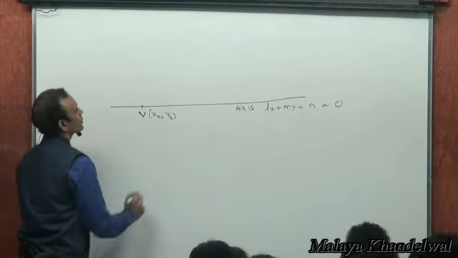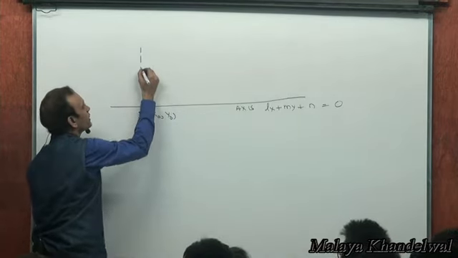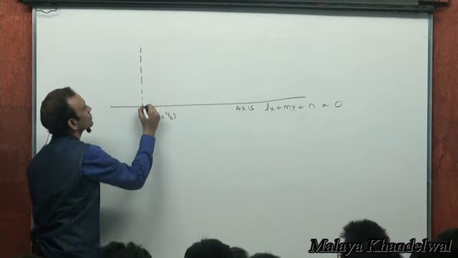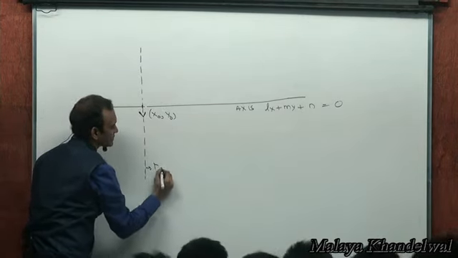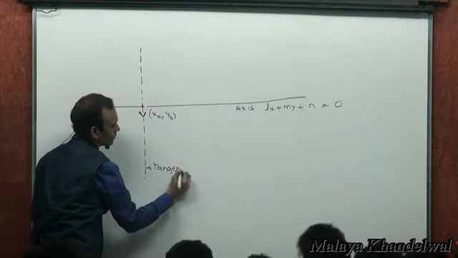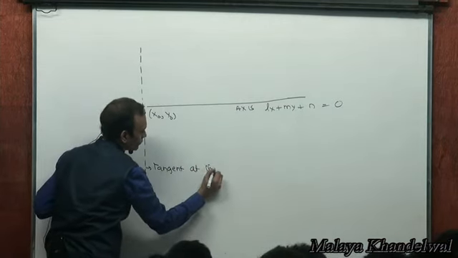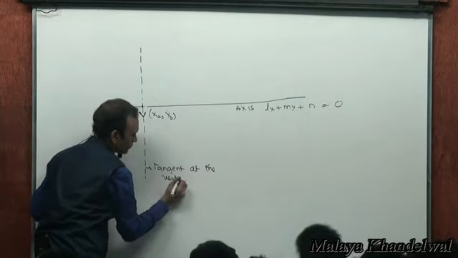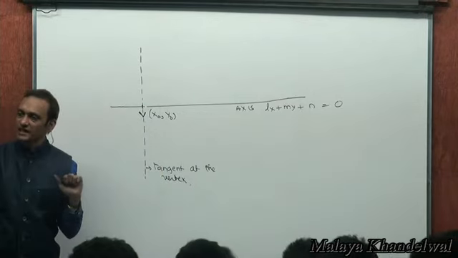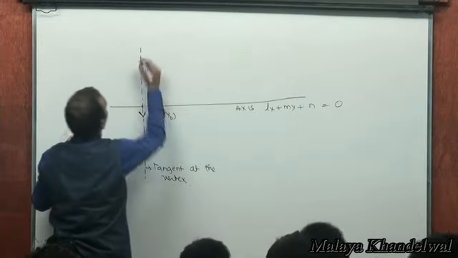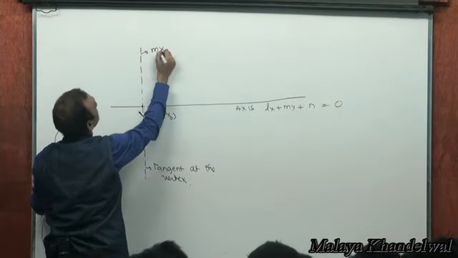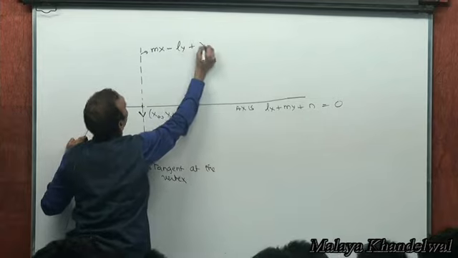So, first of all, the tangent at the vertex would be perpendicular to the axis. Yes or no? Yes. This is the tangent at the vertex perpendicular to the axis, and a line perpendicular to this line would be given by mx minus ly plus lambda equal to 0.